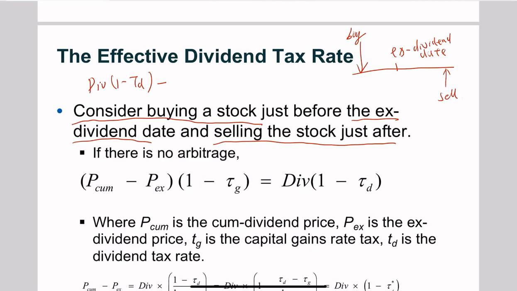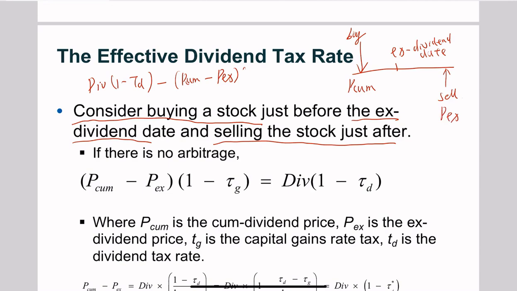Now you can see that you will suffer from this capital loss, right? That is, you make the purchase at the cum-dividend price, and when you sell, you will sell at the ex-dividend price, right?